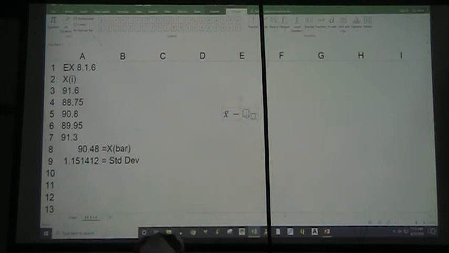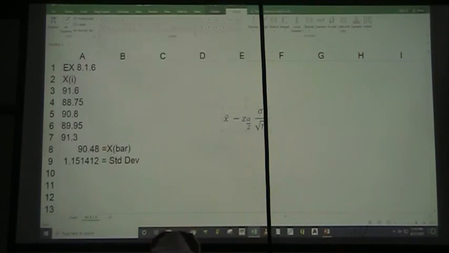Okay, so this is X bar minus Z alpha divided by 2, go up here for Greek letters, alpha divided by 2, times a fraction, our standard deviation divided by the square root of n.